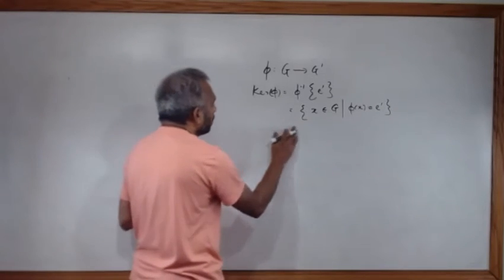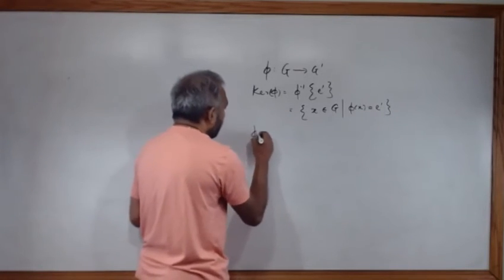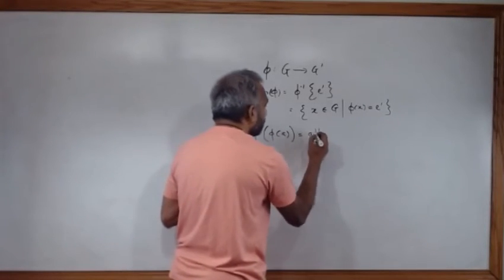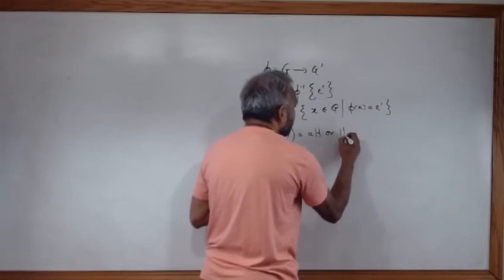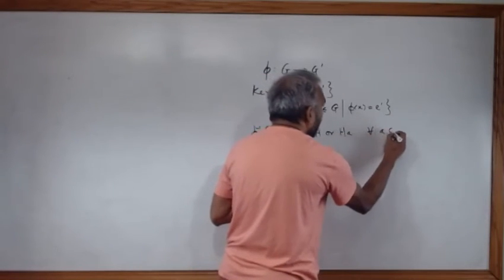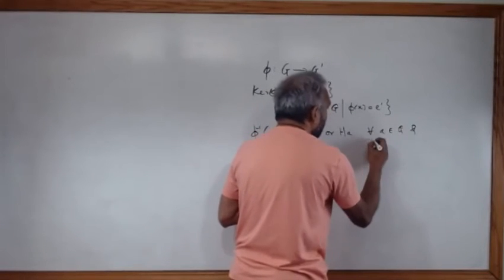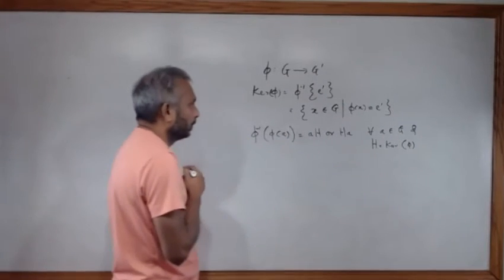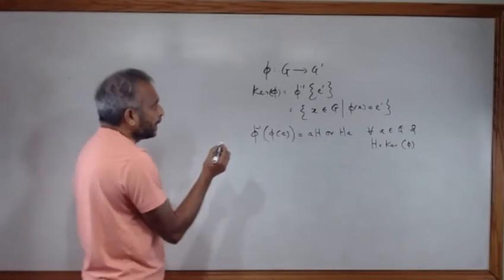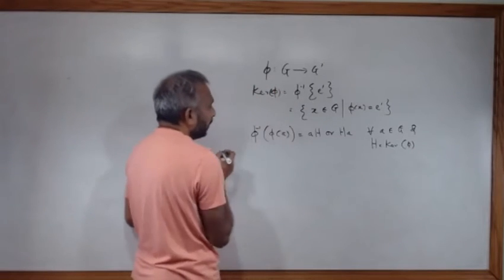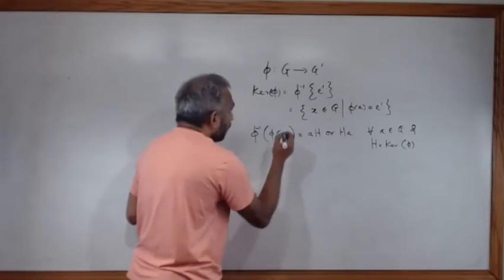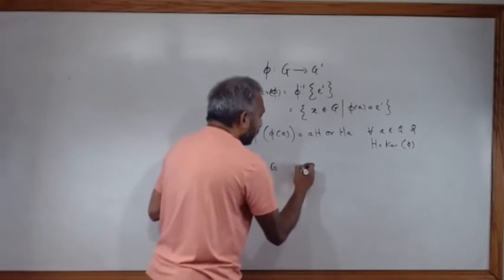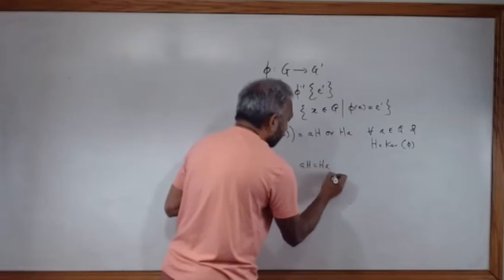And we also showed that phi inverse of phi of a is equal to aH or Ha for all a in G, and H is equal to the kernel of phi. So this is a special subgroup of G in the sense that if you take any element a in G, the left coset and the right coset are the same.